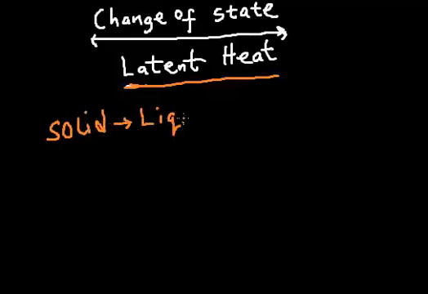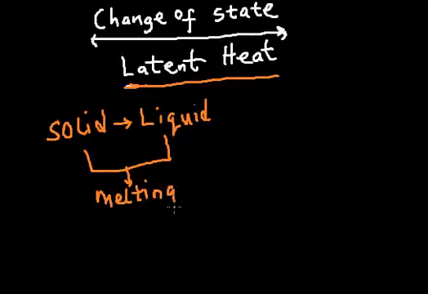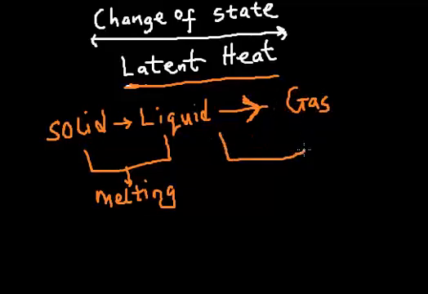This is a change in state, which we call melting. Then we move from liquid to gas, which we call vaporization or boiling. So this state is boiling, and it happens at the boiling point.